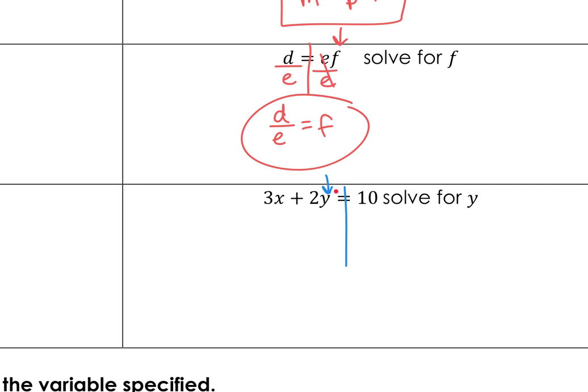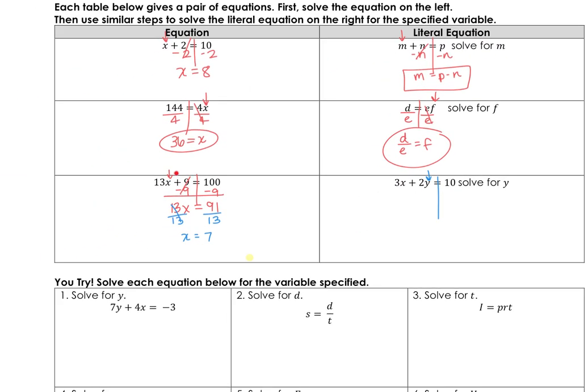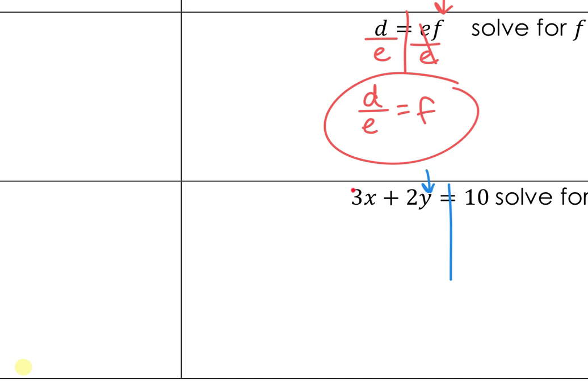So y is being multiplied by 2, and then we're adding this 3x. So just like we undid this addition first in the traditional equation, we need to undo the addition first in this equation. So the first thing we're going to do is bring this 3x over to the other side.